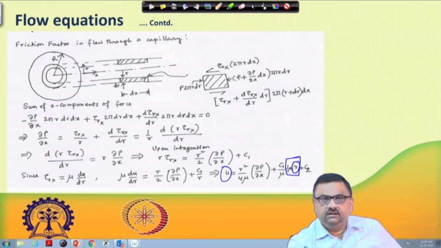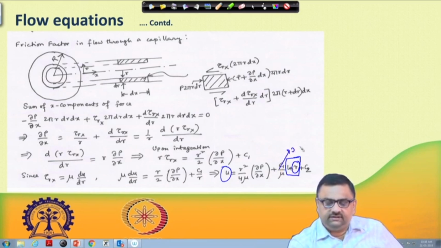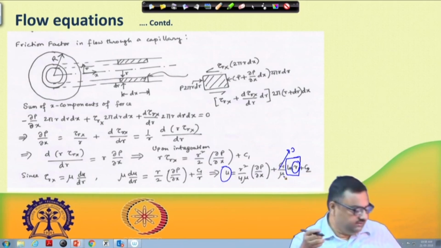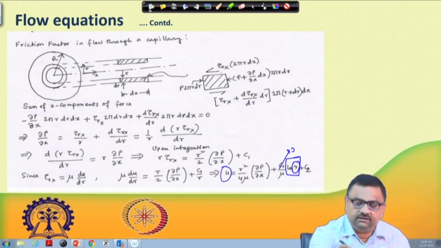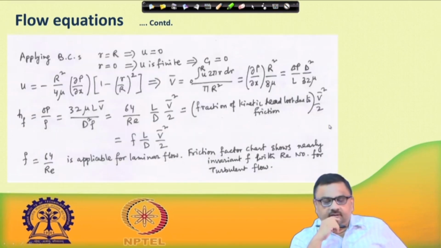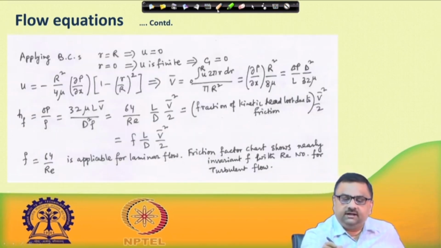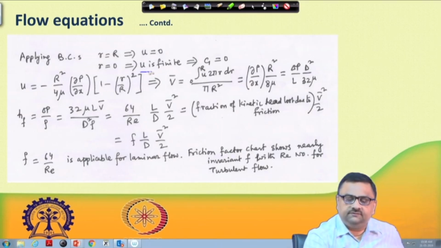So, naturally C1 has to be equal to 0, so that this term is completely gone. Otherwise u would become infinite at r equal to 0, which is not the case. So, u finite implies C1 is equal to 0.